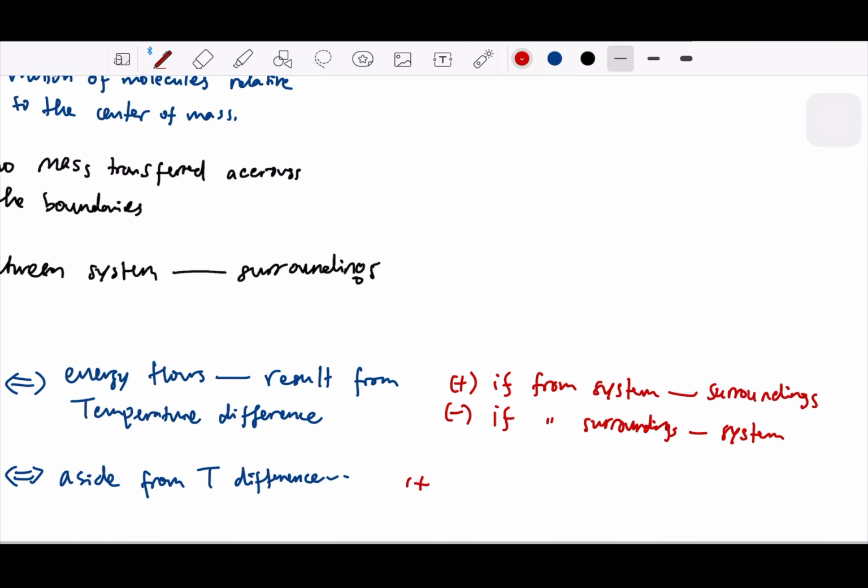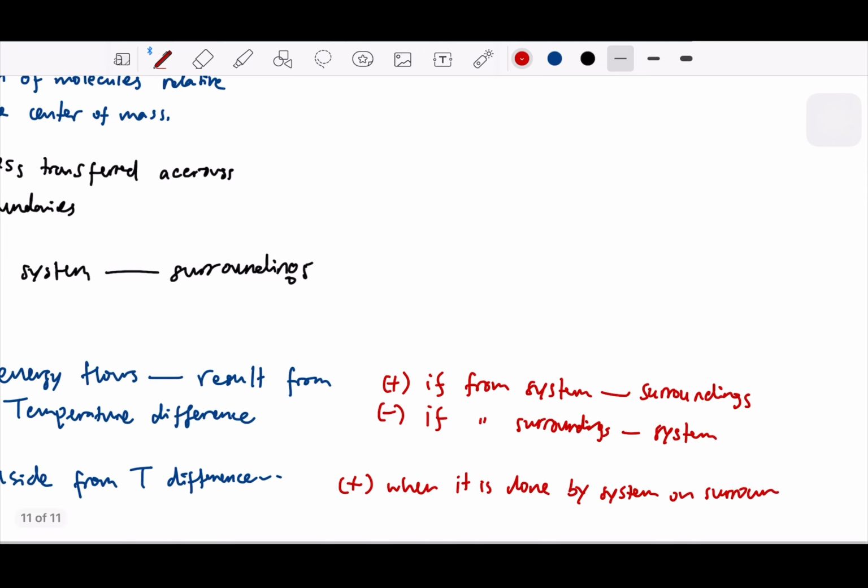And work is defined as positive when it is done by system on surroundings. And negative when it is done by surroundings on system.